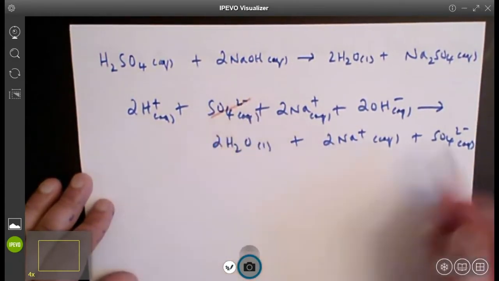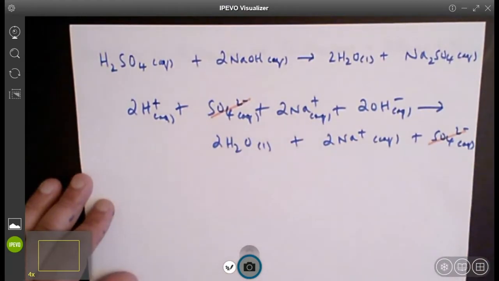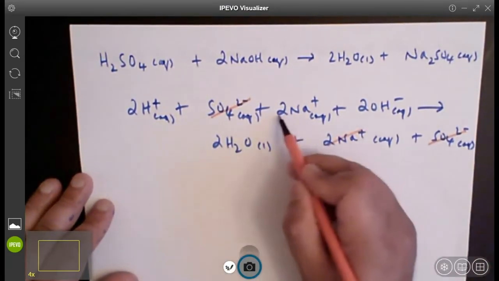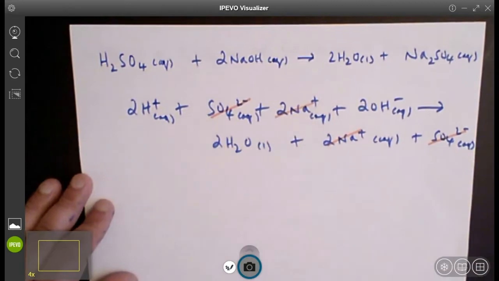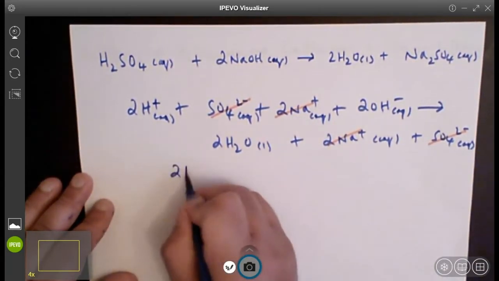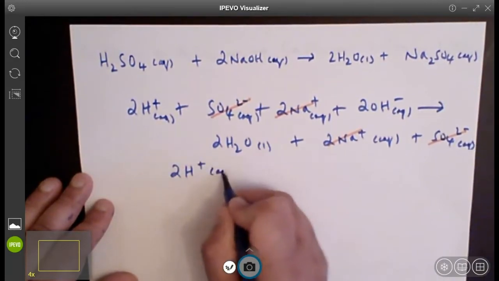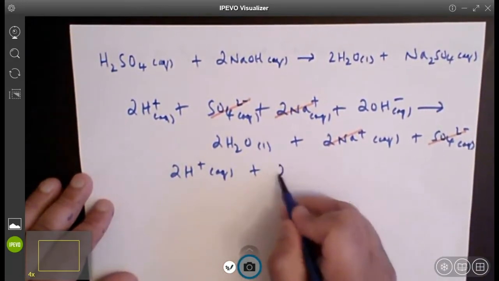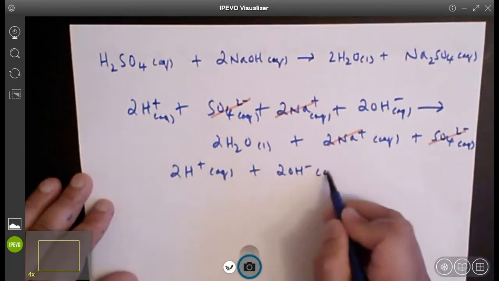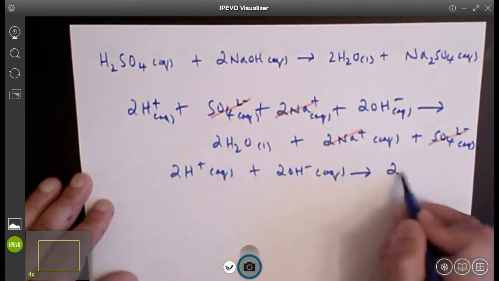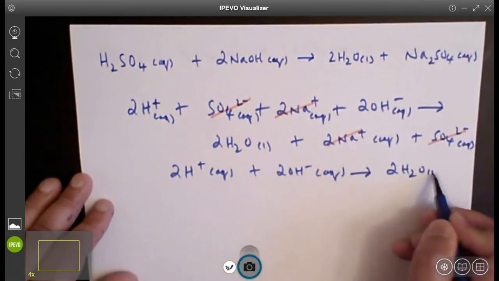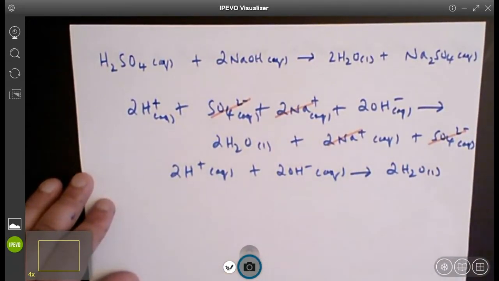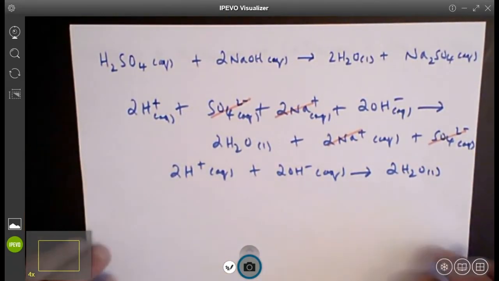So we've got the SO4 2- there, and that SO4 2- there, the Na+ there, and the two Na+ there. So those cancel. So now we end up with our ionic equation, 2H+ aqueous plus the 2OH- aqueous, and they go on to give you 2H2O, which is the liquid, and there's our ionic equation.